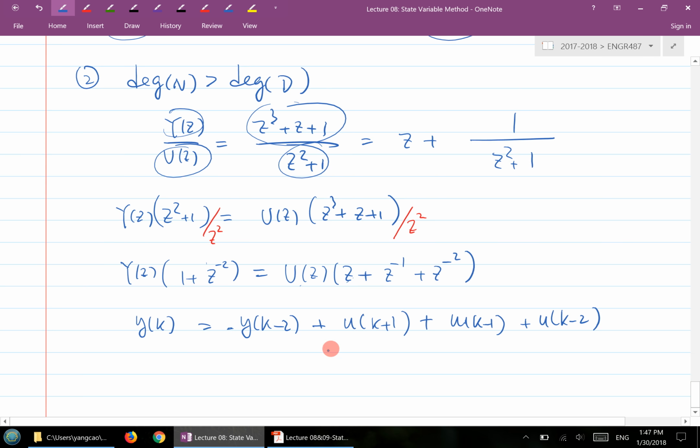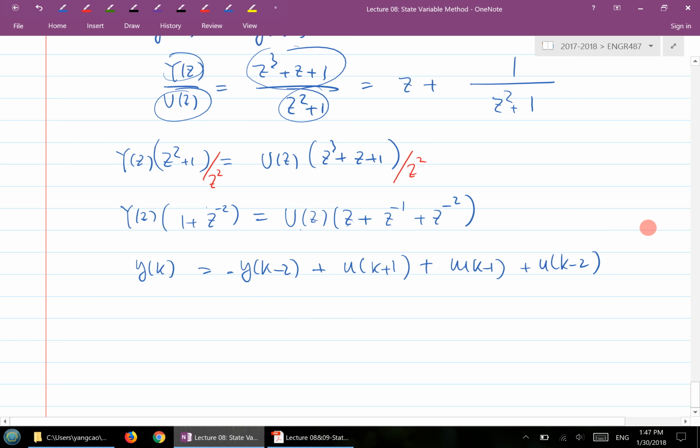So why is it so abnormal? Your current output depends on the past output value, and also depends on the future input. When this happens, what do we call that system? It's called a non-causal system.